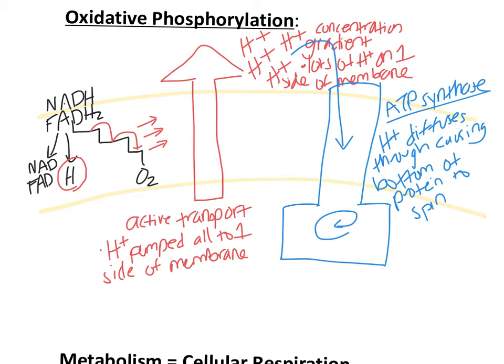That molecular motion, the spinning motion of the protein, provides energy to jam a phosphate on to ADP. So we have ADP and a phosphate. As that protein is spinning, it provides energy to put that phosphate on to make ATP.